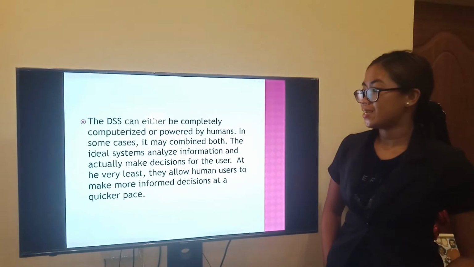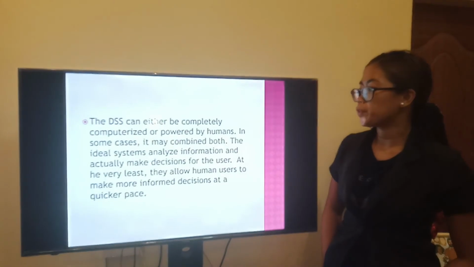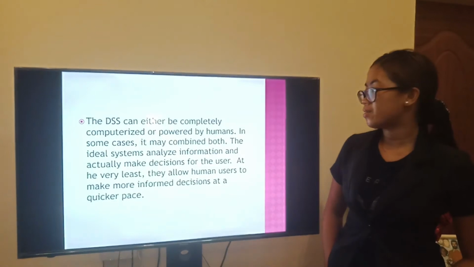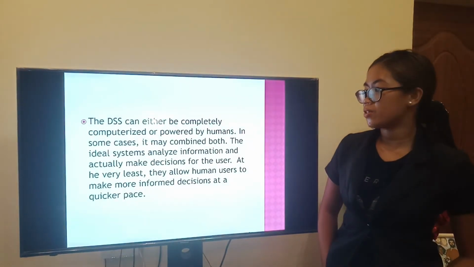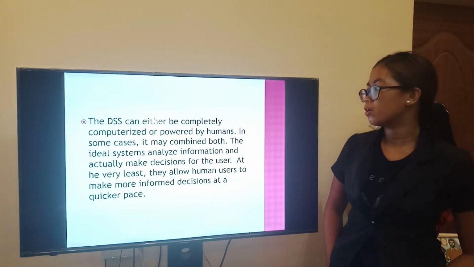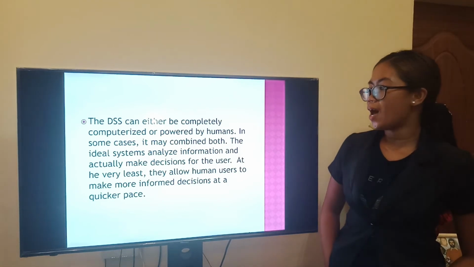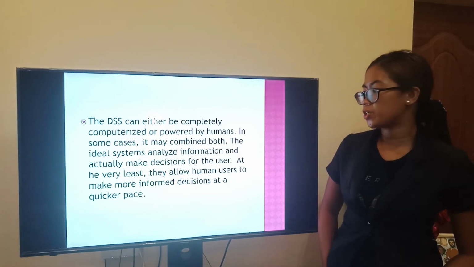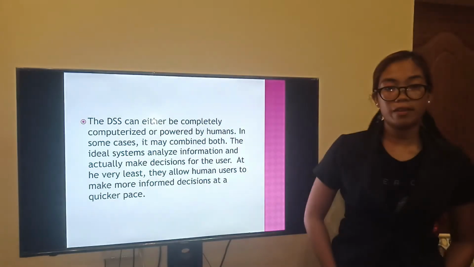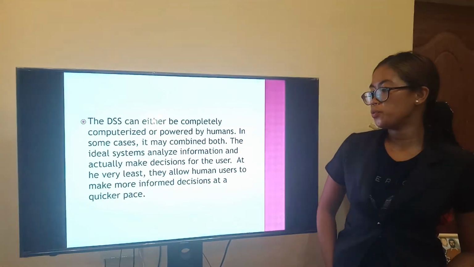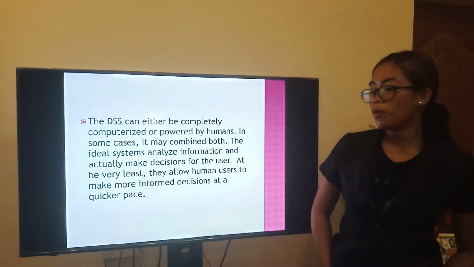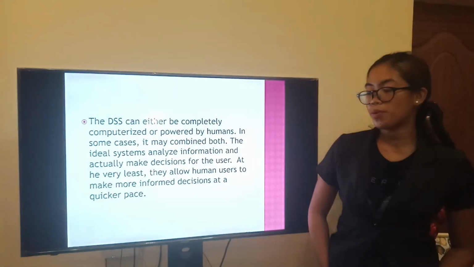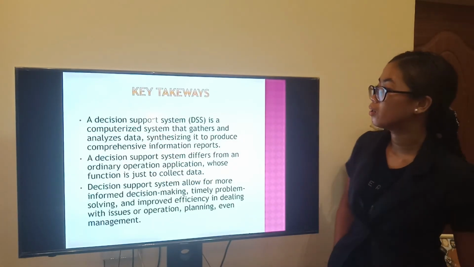The DSS can either be completely computerized or powered by humans. In some cases, it may be a combination of both. The ideal system analyzes information and actually makes decisions for the user. At the very least, it allows human users to make more informed decisions at a quicker pace.